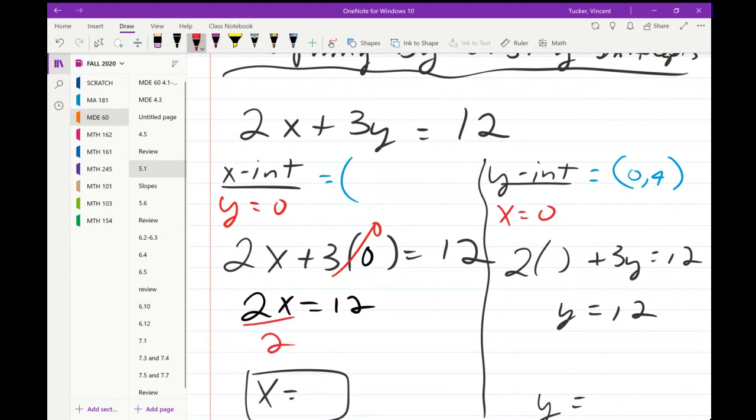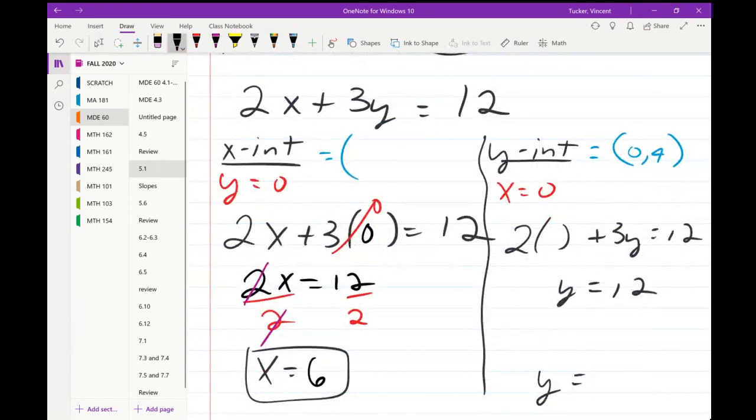Now I can solve for x by dividing both sides by 2. 2's cancel. That leaves me with x equal to 6. So my ordered pair would be 6, 0. Remember, we plugged in 0 for y.